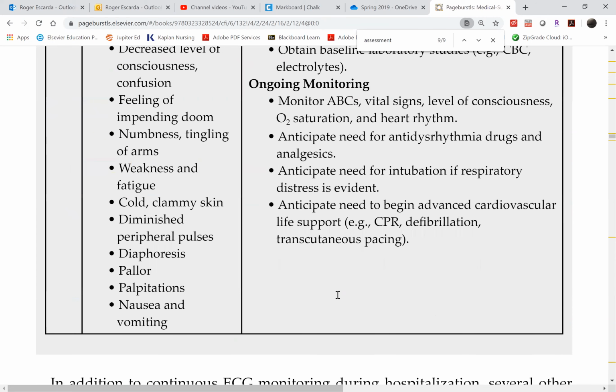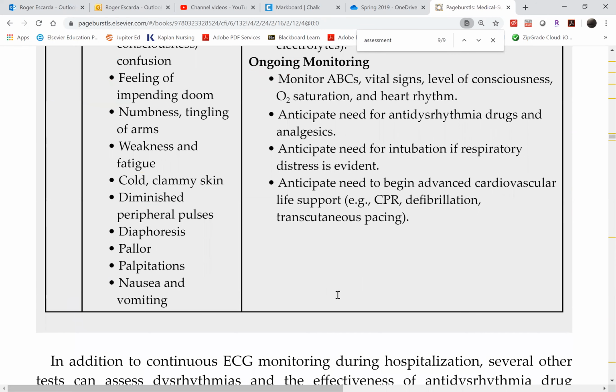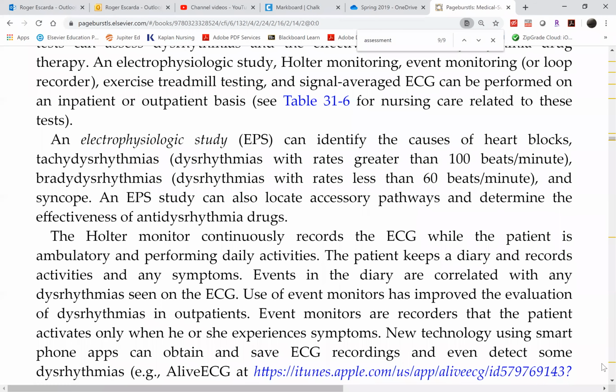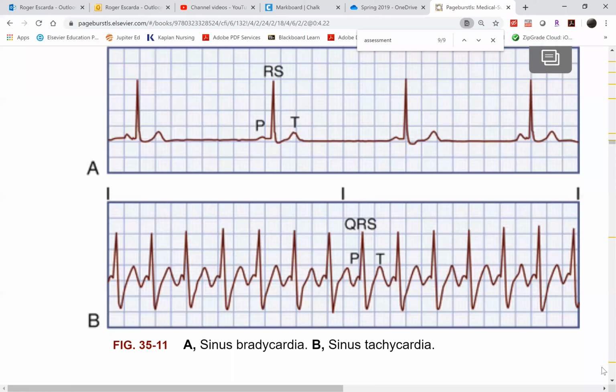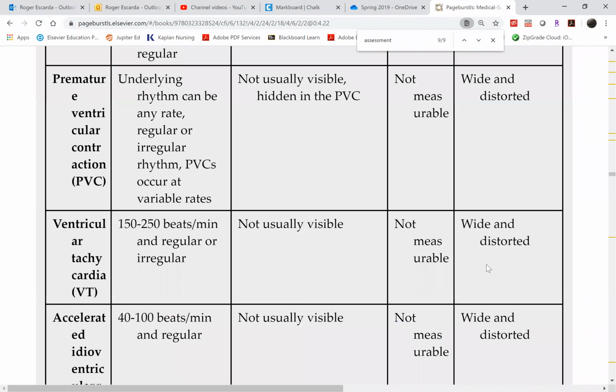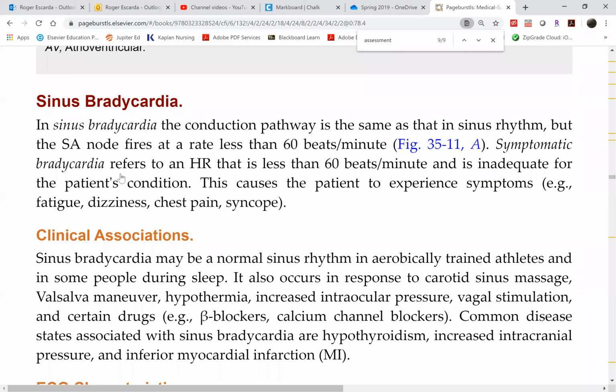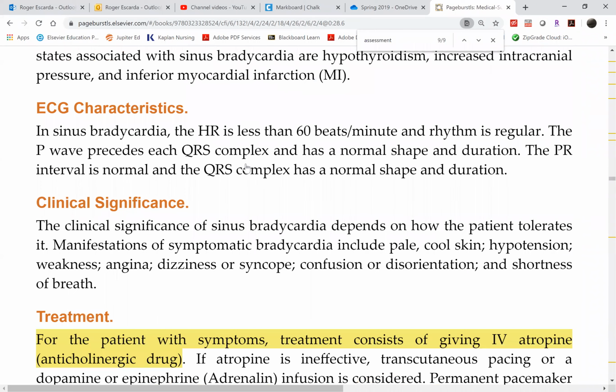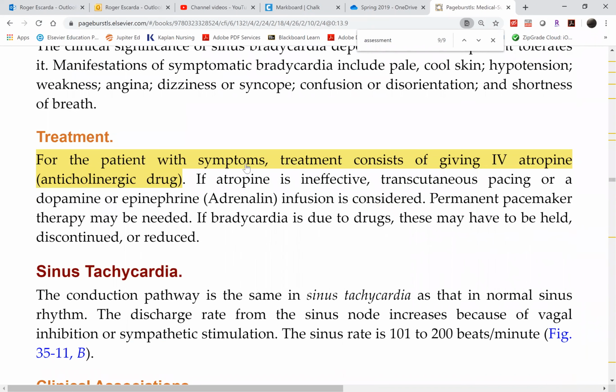So therefore, what do we need to do? So this is sinus brady, sinus tachy. So other interventions, which again, I don't like the setup of this text. You have to scroll all the way down here to look for it, right here. So how you study is it's always about the cause, because here under interventions, it specifies for the patient with symptoms. Therefore, you only treat if the patient is symptomatic.